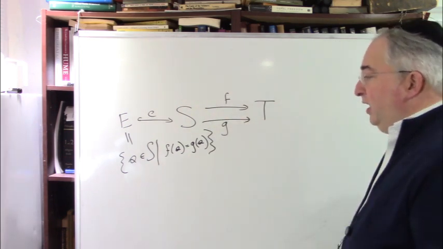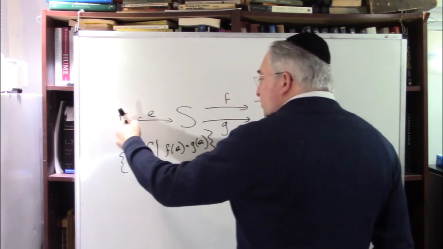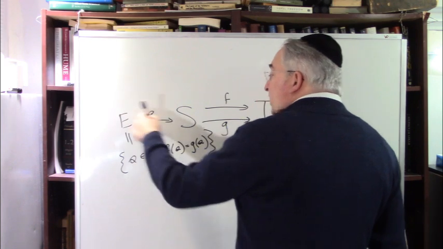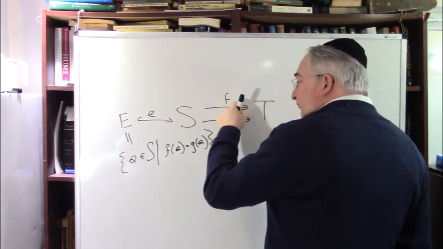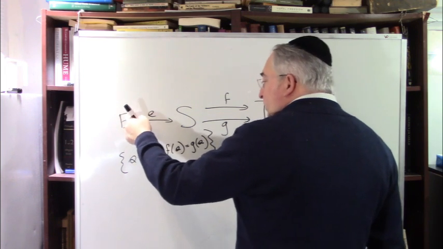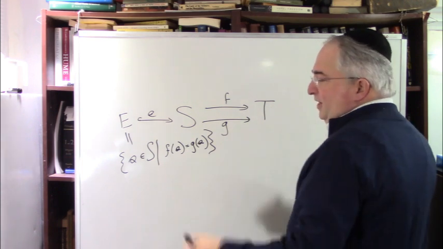Okay? Now, that's an inclusion map. Okay? And look what it says. If you pick a guy where f and g are equal, include it into here, do f. Well, that's the same thing as picking a guy where f and g is equal, include it into here, do g. It's the same map.